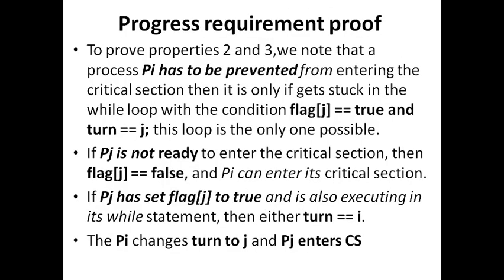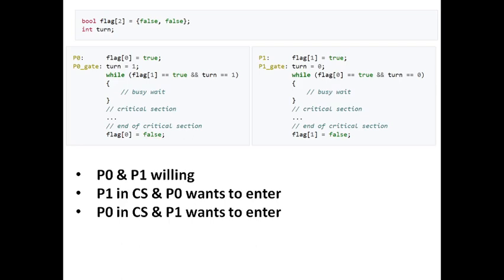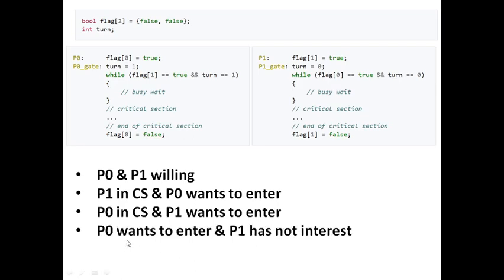So the progress requirement is satisfied. What we mean by progress requirement is that if there is no process already in the critical section and a new process wants to enter the critical section, it should be able to enter. That is typically the fourth case we had seen, that is, P0 wants to enter the critical section and P1 does not even have any interest, and we saw that P0 is able to enter the critical section in that case.